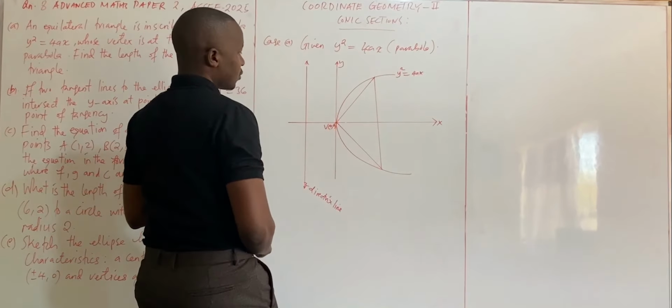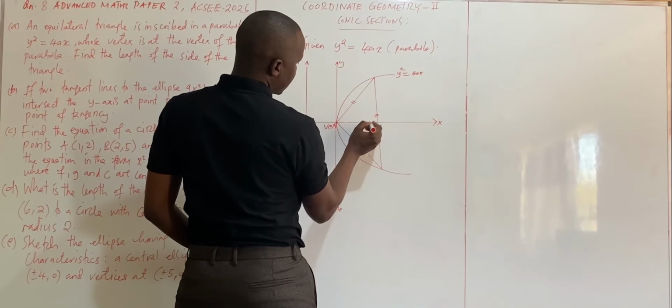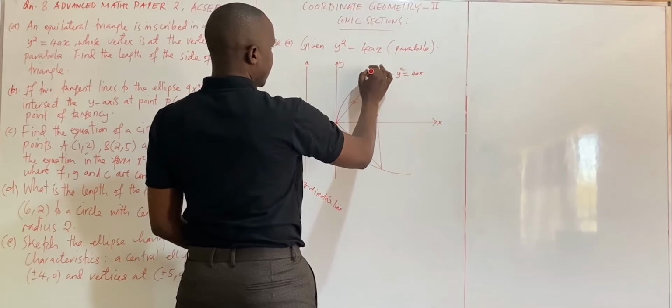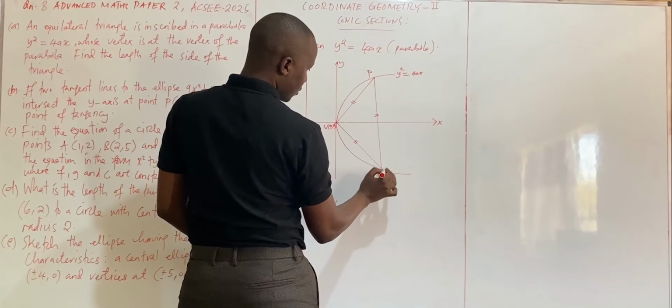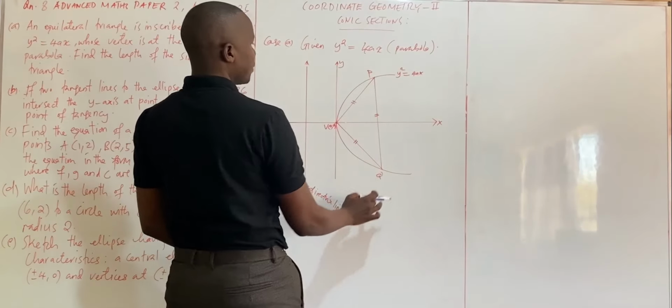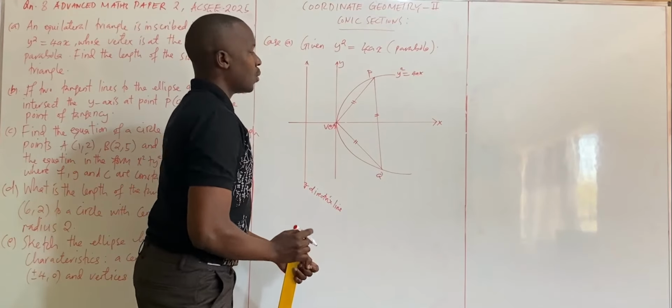Equilateral triangle means all the sides are the same in magnitude. If this is point P and here is Q, it means the length VP is the same as VQ, the same as PQ. So that is equilateral triangle VPQ.